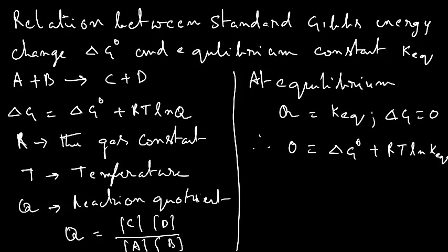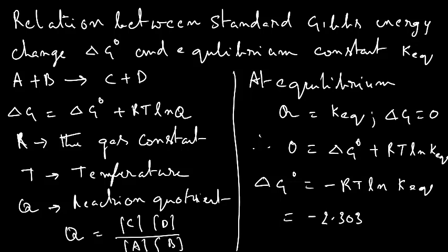So bring this to this side. Delta G naught equals minus RT ln K EQ. Natural logarithm can be changed into base 10. Therefore, delta G naught equals minus 2.303 RT log K EQ.